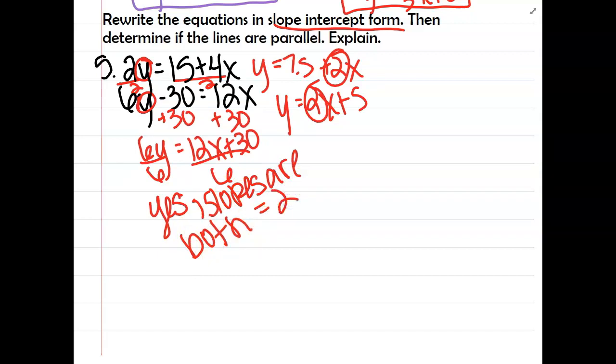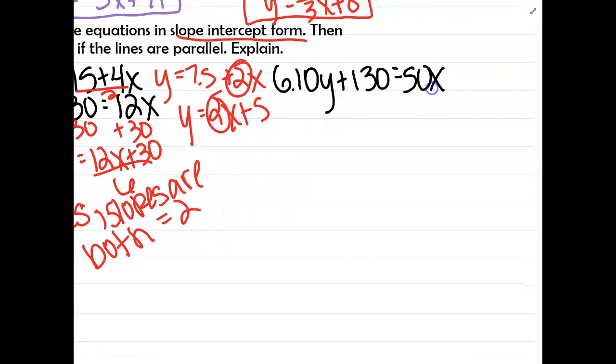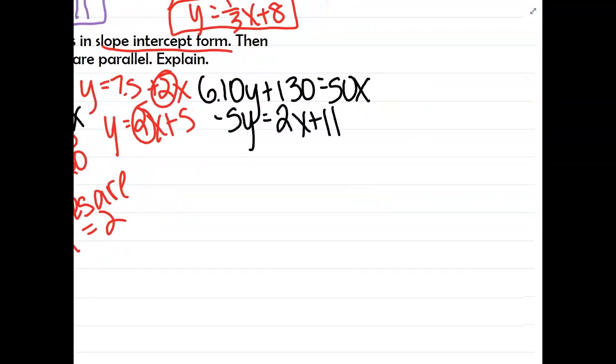Let's do one more of those. So this one says 10y plus 130 equals 50x. And the second one says negative 5y equals 2x plus 11.